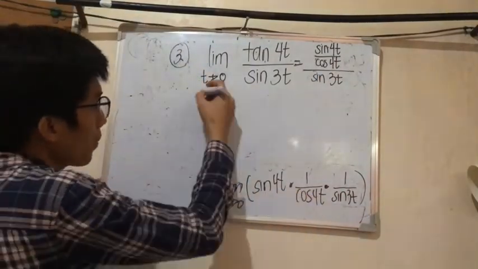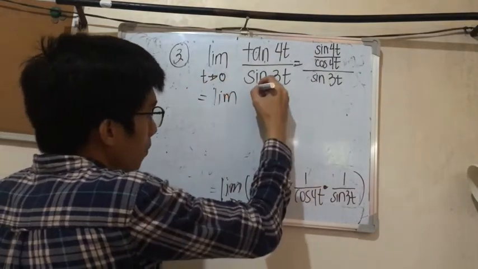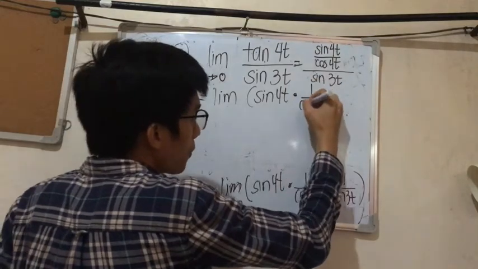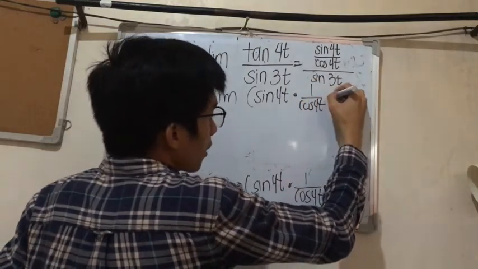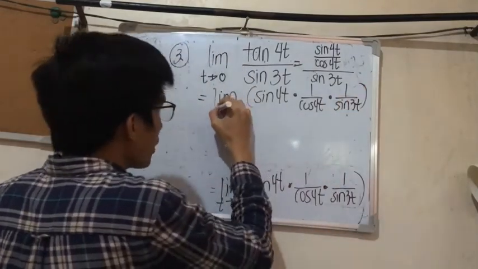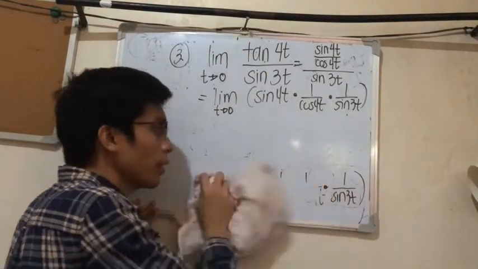This is now the new form, so let's write it in this part. So that is the limit of sine 4t times 1 over cosine 4t times 1 over sine 3t as t approaches 0. Okay, I'll erase this part.